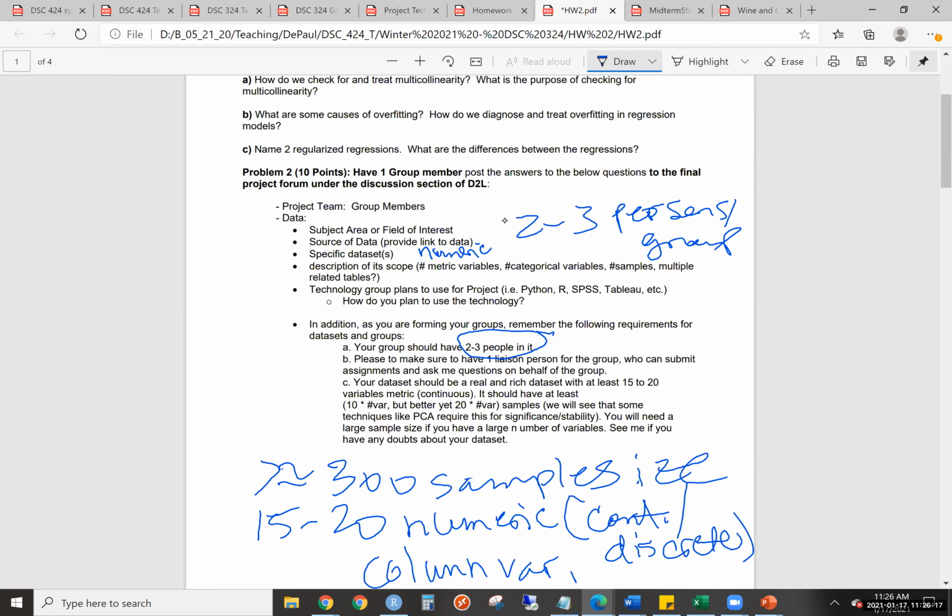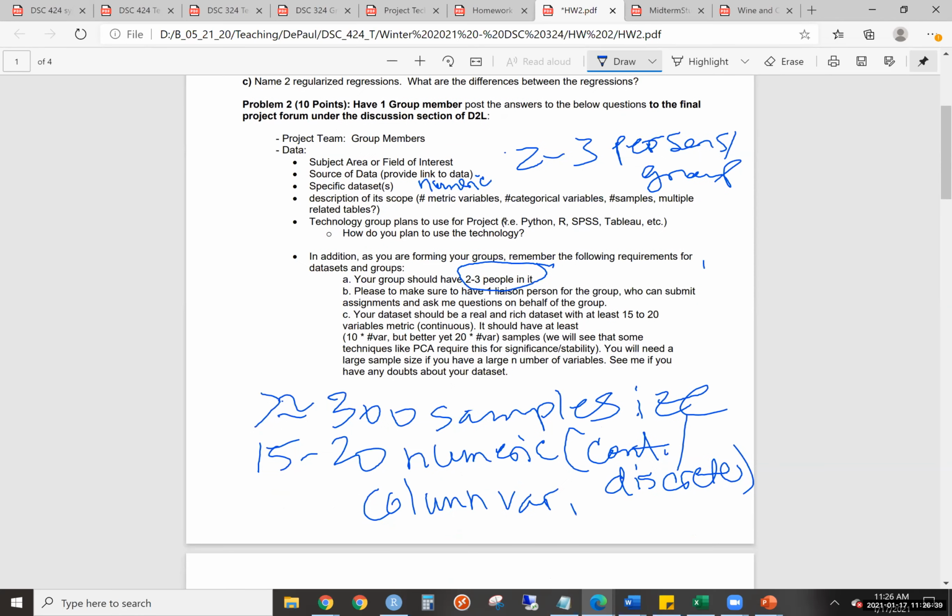So it should be data from one continuous year. And so don't try to combine repeated data from 2011, 2012, and so forth.